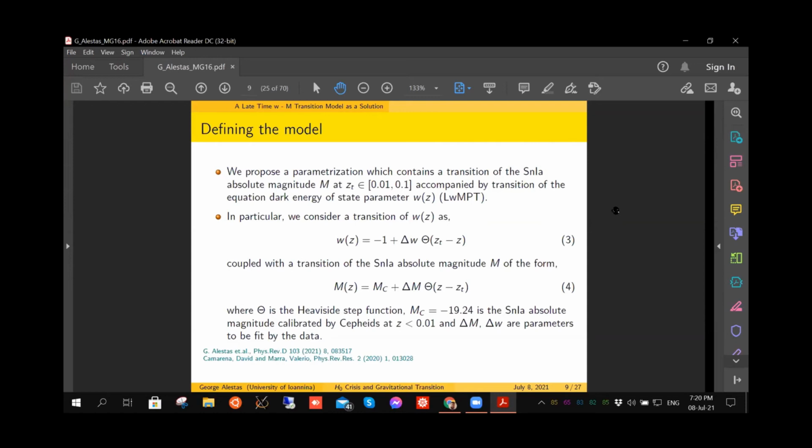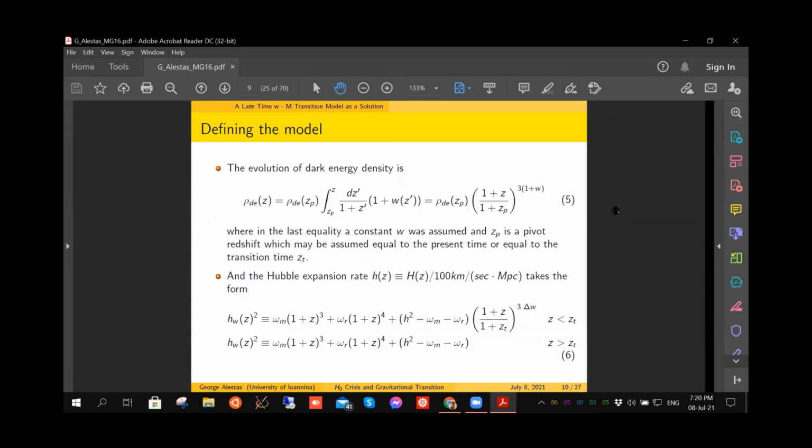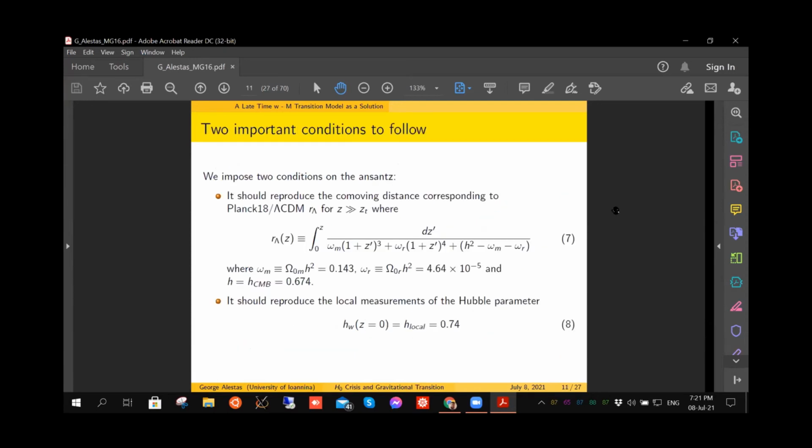And we have two parameters to be fit by the data, delta M and delta w. Now, the evolution of the dark energy density is given by equation 5, and the Hubble expansion rate takes the form of the two equations, with equation 6 split in two by the transition redshift z_T.